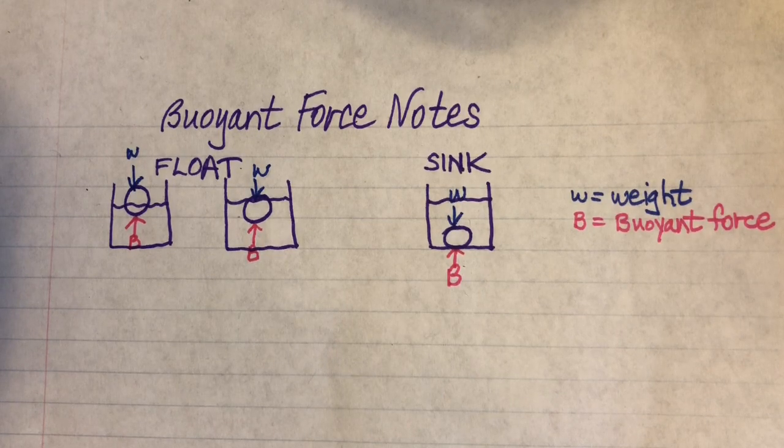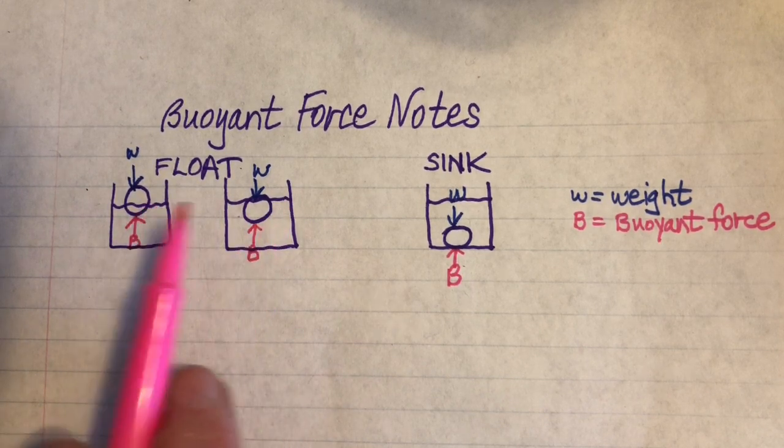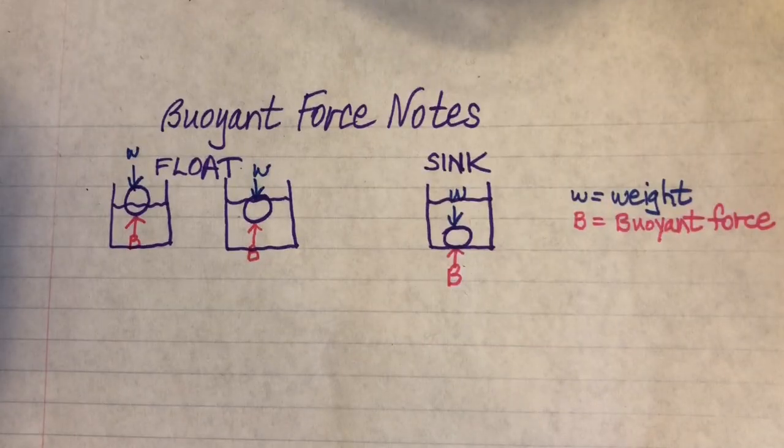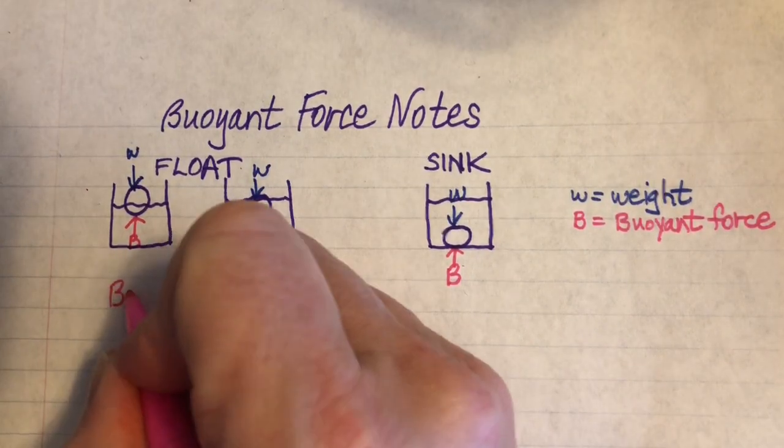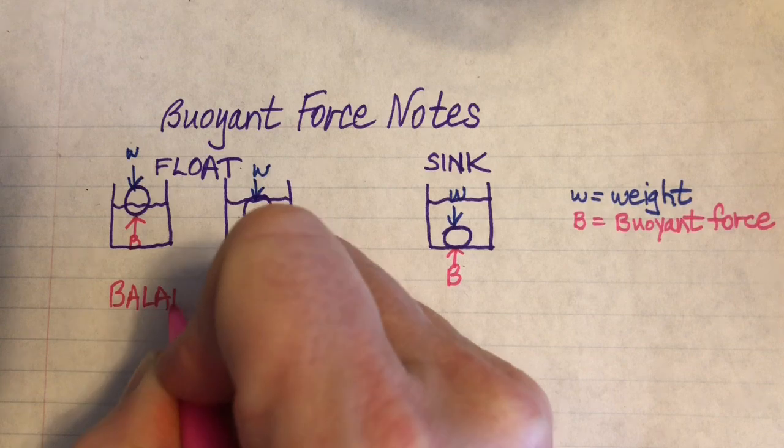Okay, so now let's see if they're balanced or unbalanced. So in the first two cases, they're just sitting there, not moving. So that means we have balanced forces.